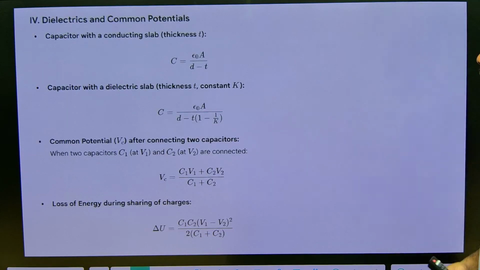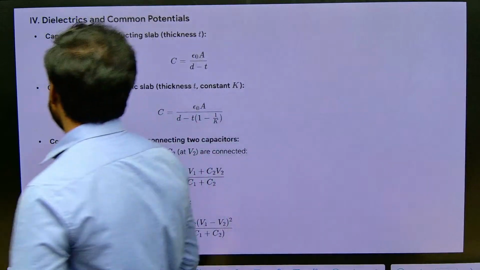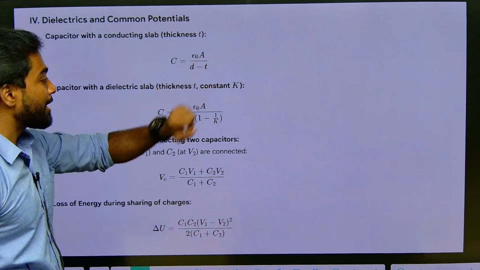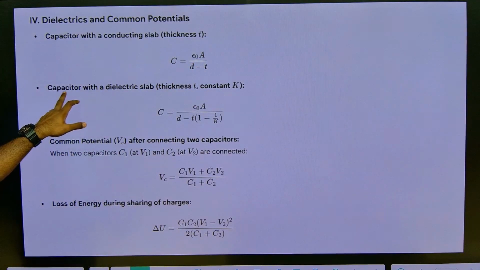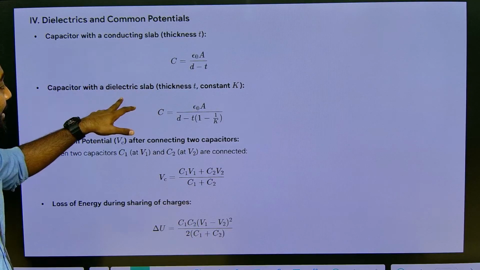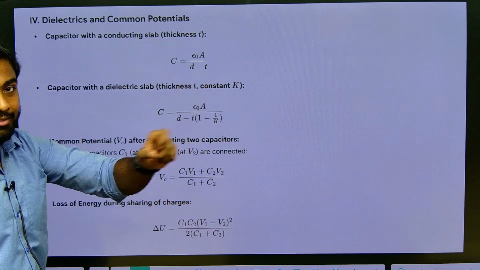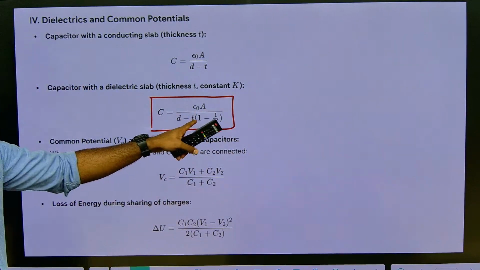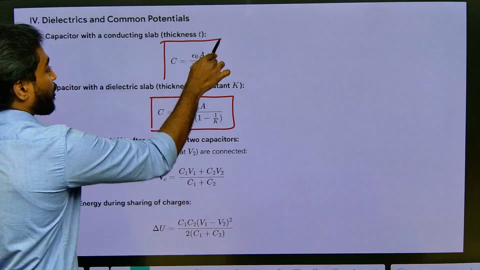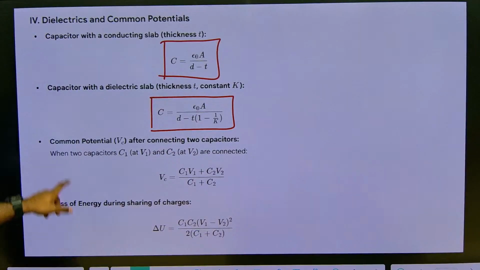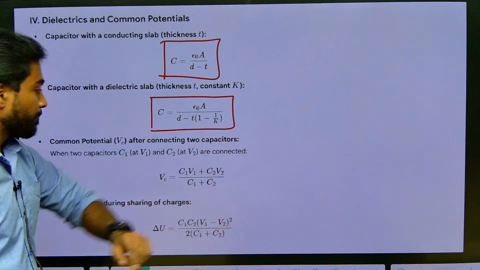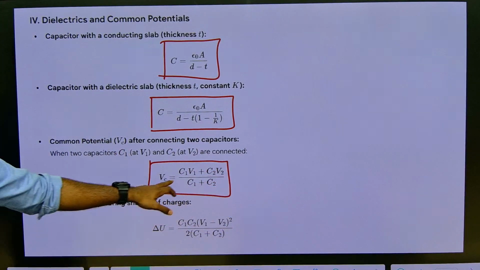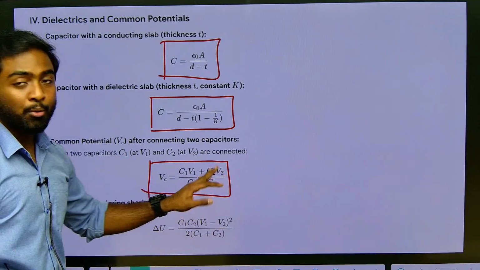Next, if we talk about the dielectric and common potential, for a capacitor with a conducting slab, the formula is C equals epsilon naught A by D minus T. And for a capacitor with a dielectric slab, where T is the thickness, C is equal to epsilon naught A by D minus T into 1 minus 1 by K, and it is epsilon naught A by D minus T. For common potential after connecting two capacitors, the formula is V equals C1 V1 plus C2 V2 by C1 plus C2.